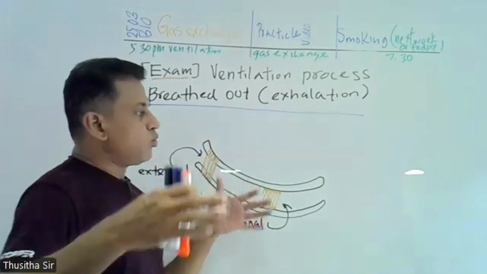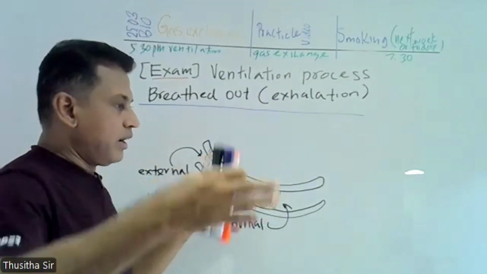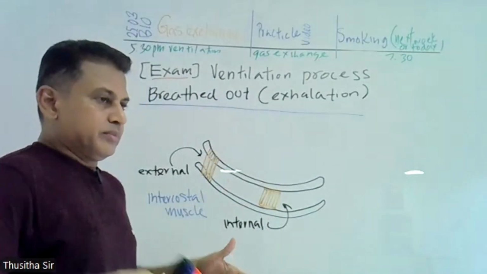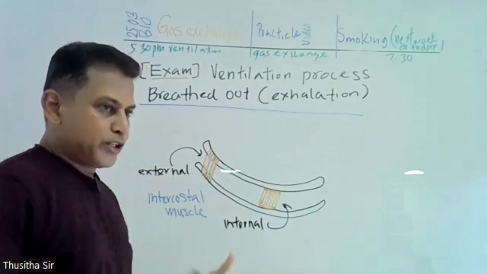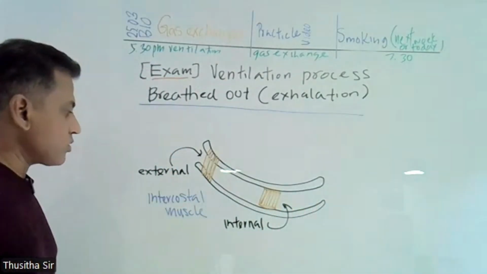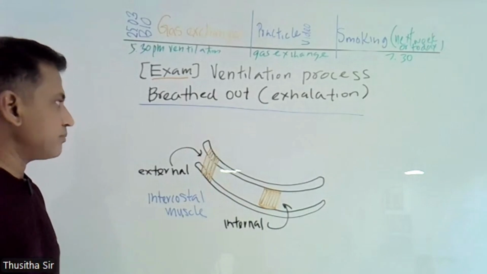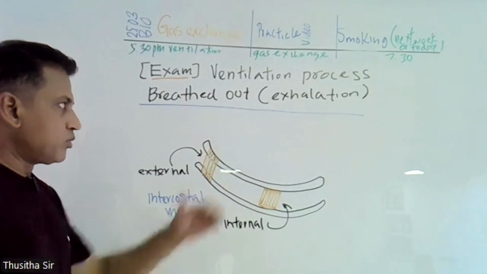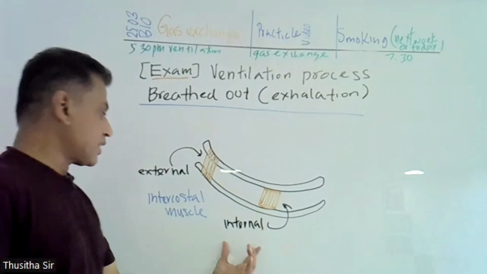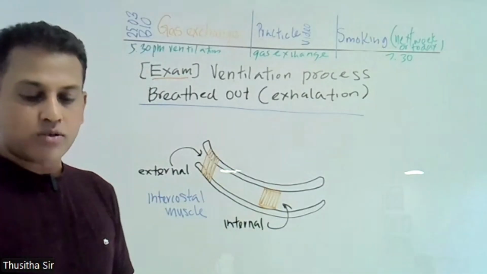So how does the rib cage move? Usually the rib cage moves a little bit outward and then inward. So it's going out and it's going in. This movement is controlled by external intercostal and internal intercostal muscles. So before we learn the whole process, we learn the function of external and internal intercostal.